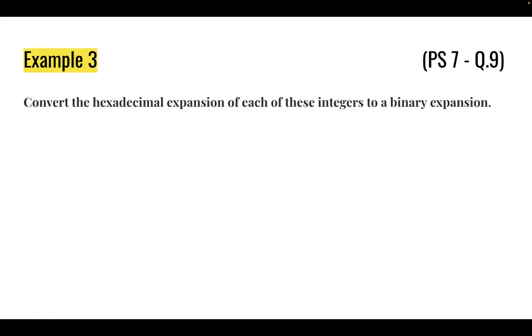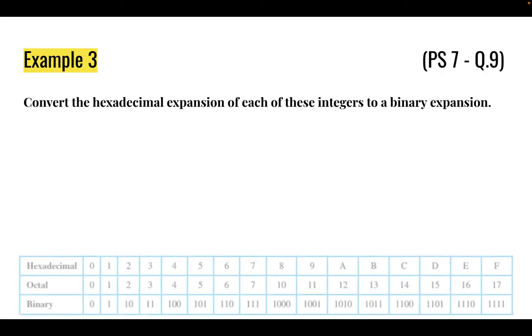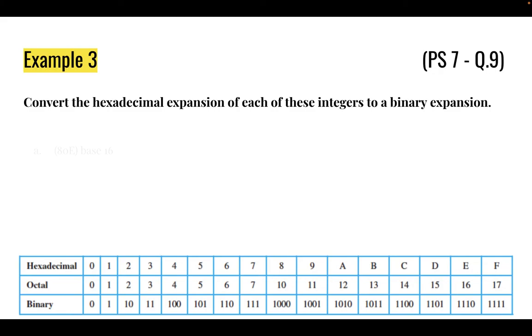This is another example from problem set 7, question number 9. Here we need to convert hexadecimal numbers to binary numbers. Previously, we converted octal numbers to binary numbers. Here we bring the table for our reference, and the first example is 80E. We look up 8 in the hexadecimal row, and then we go to the binary row and find 8 is represented as 1000.